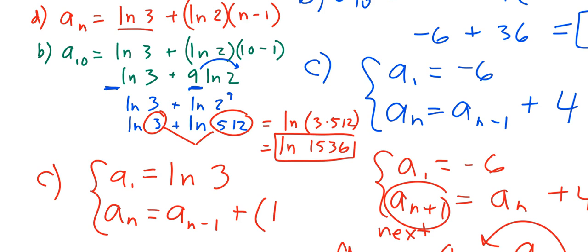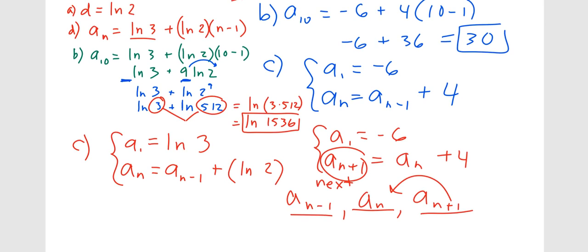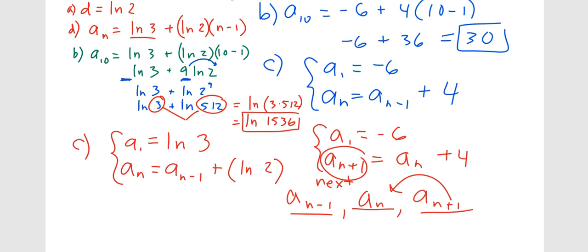It's pretty cool, right? Natural log 2. Now I'm putting it in parentheses. Those parentheses aren't the most important thing in the whole wide world. I only did that because I want you to remember that the natural log of 2 is one number. Yeah, I can type natural log 2 on my calculator and get some weird decimal, but I don't need a weird decimal when I can leave it as natural log 2. That is an awesome question.